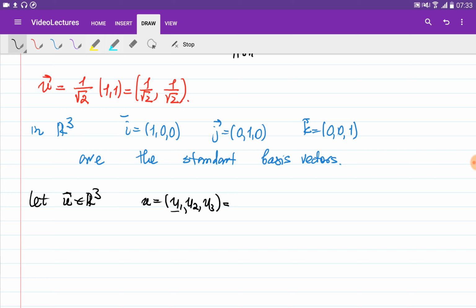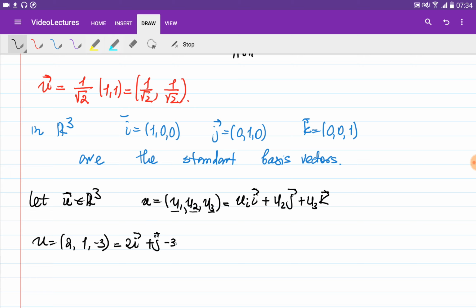The components of this vector are the scalars, just constants, and you can write this down as the constant u1 multiplied by i, plus u2 multiplied by j, plus u3 multiplied by k. For example, if u is given with the components t, 1, and minus 3, we can write this as ti plus j minus 3k, where this plus and minus are not the addition of j to ti, or a subtraction of 3k from j.